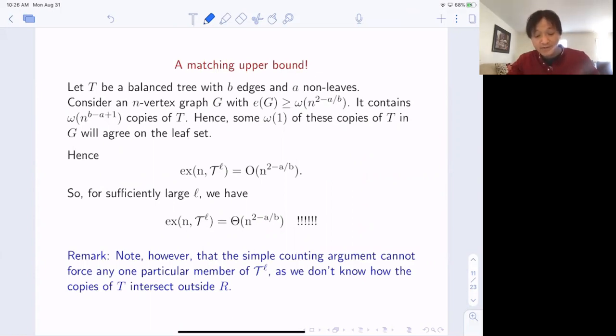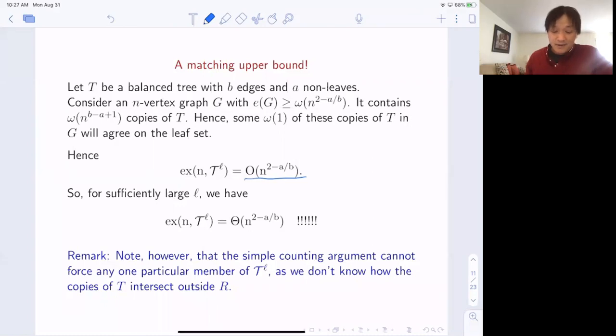If you want to bound the family script T to the L from above by big O of n to the 2 minus a over b, then you just count the number of copies of this tree T, much like in the Kővári–Sós–Turán theorem. With simple counting, once your graph has little omega edges, by which I mean growing faster than n to the 2 minus a over b, you can think of this as any large enough constant times n to the 2 minus a over b, then you can find omega n to the b minus a plus 1 copies of T, just by greedily growing your T from any vertex.